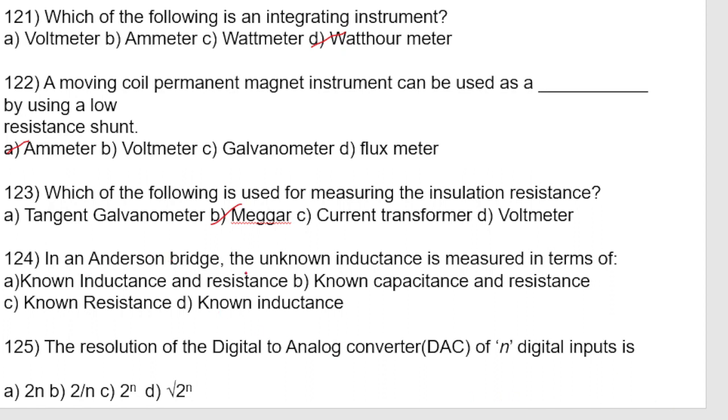In an Anderson bridge, the unknown inductance is measured in terms of known inductance and resistance, known capacitance and resistance, or known resistance and known inductance. So basically known capacitance and resistance. The question can also be asked as what is the Anderson bridge used for measuring. So answer is unknown inductance. Here it is asking, in an Anderson bridge unknown inductance is measured in terms of known capacitance and resistance.